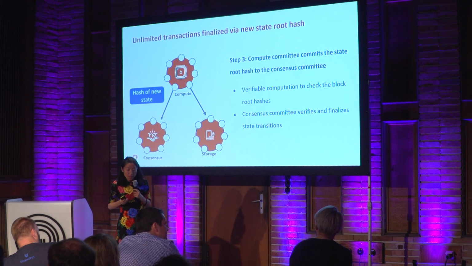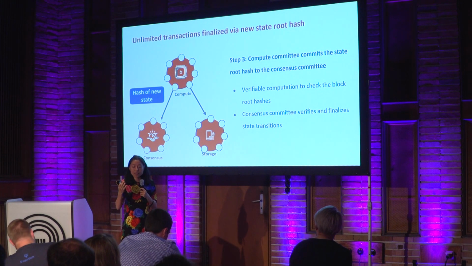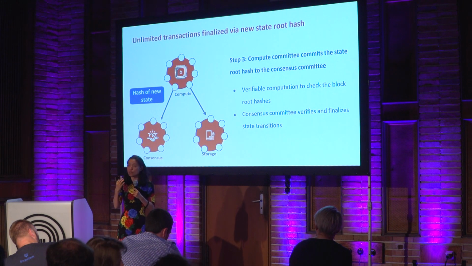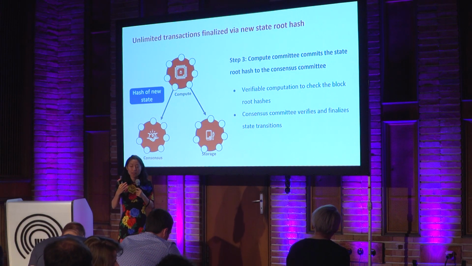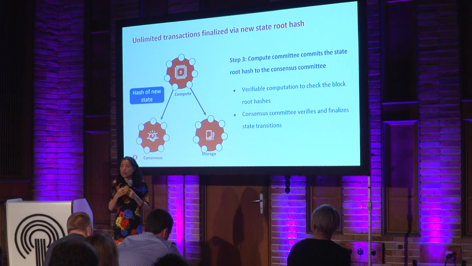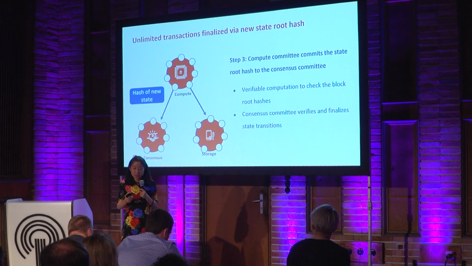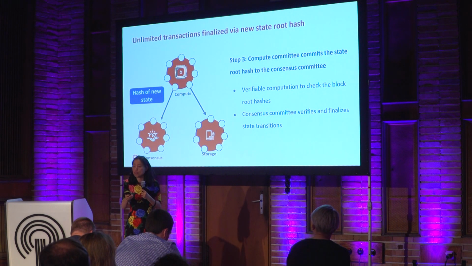And the root hash of the new smart contract state will then be sent to the consensus committee. At this point, the consensus committee verifies the computation results are correct using a number of methods, including discrepancy detection, and finalizes the state transitions. The consensus committee can also make sure that the state has been persisted on the storage.